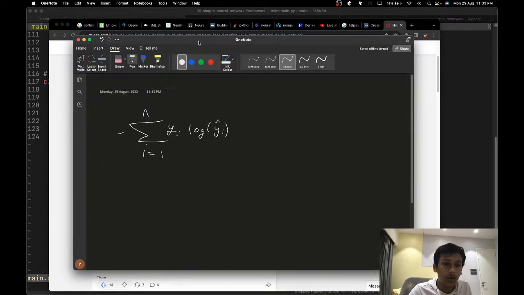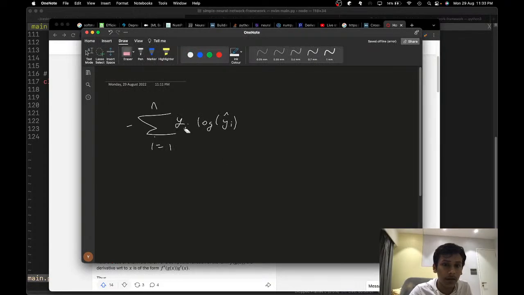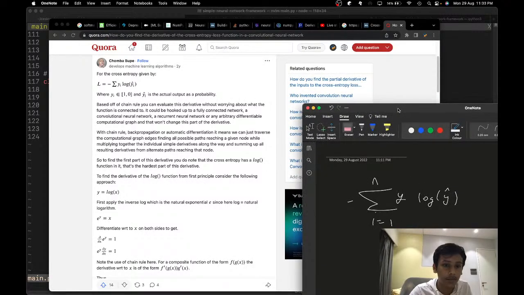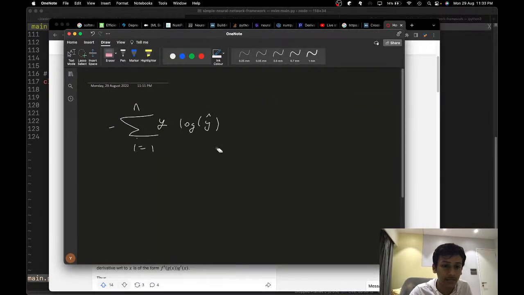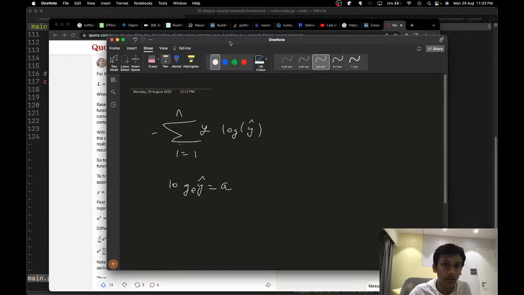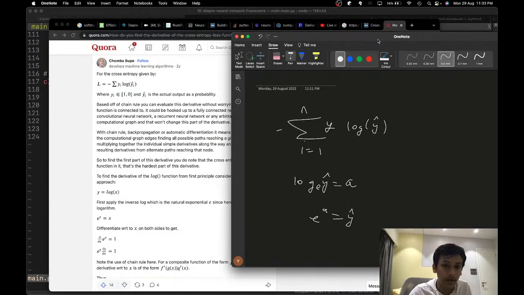Cool. I think we can get rid of the i's, if that's correct. And also, why has he not added the hat? You know what, we'll add the hat. So if we have log to the base e of y hat to be a, in that way e to the a is equal to y hat, but that doesn't seem right.